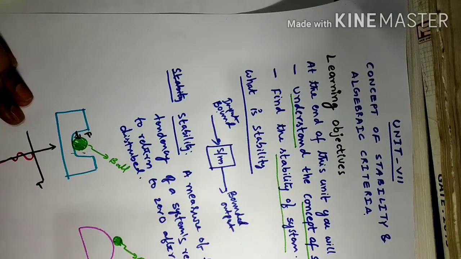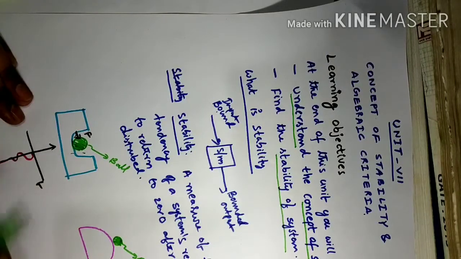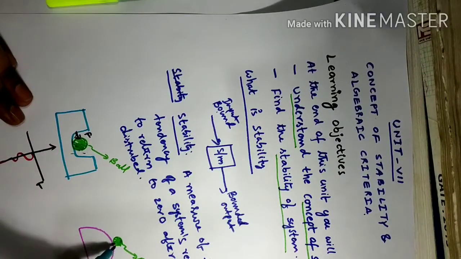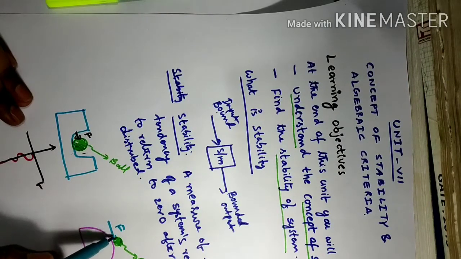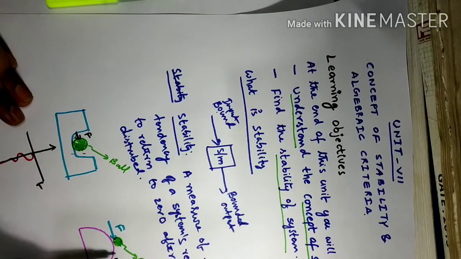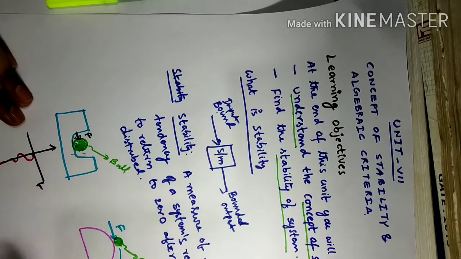I am going to perform the same experiment. I apply some force on this ball and disturb it. It rolls down. It never comes back to its original position, the equilibrium position, the rest position. So this is called an unstable system.